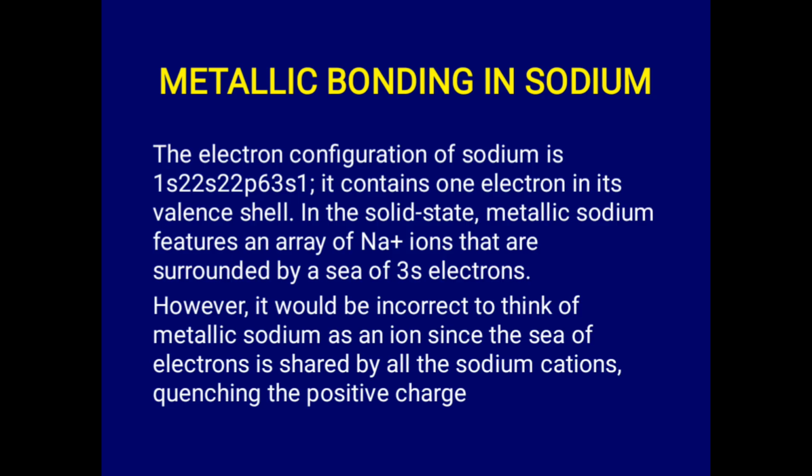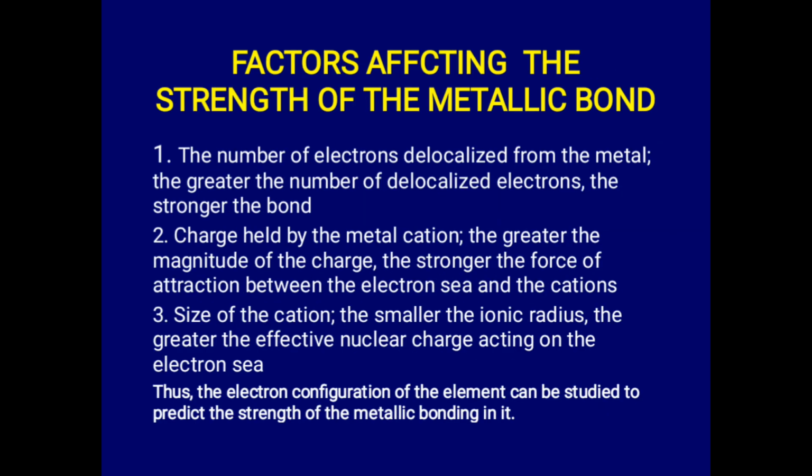Okay, so let's look at the factors that affect the strength of a metallic bond, and these factors determine some of the key properties we see in metals. One of the factors is the number of delocalized electrons from the metal. The greater the number of delocalized electrons, the stronger the bond.